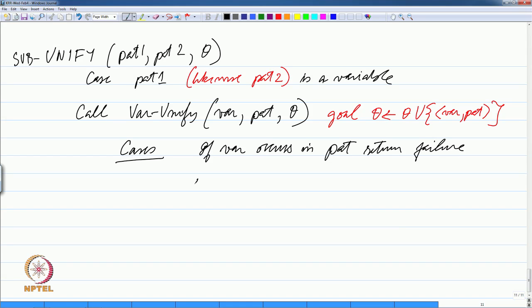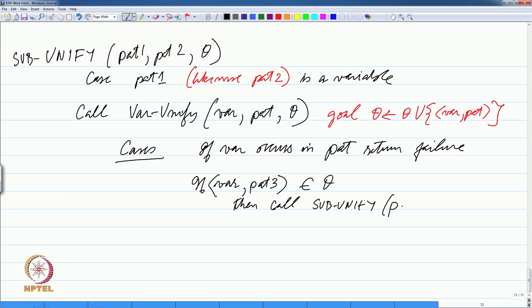Then if variable, pat 3 let me call it, belongs to theta. If variable already has a value in theta, then call sub unify with the pattern that you are trying to unify the variable with and this pattern that it already has as a value.